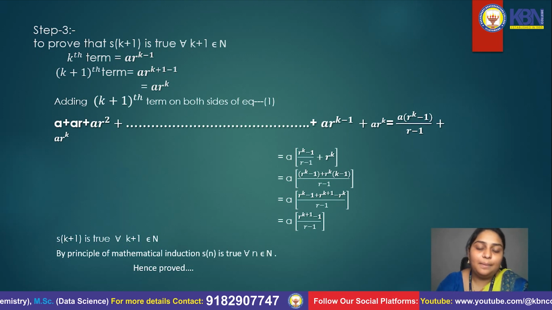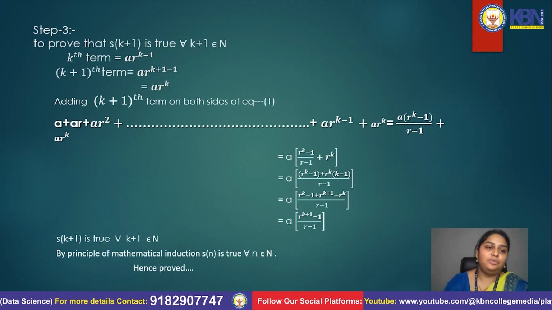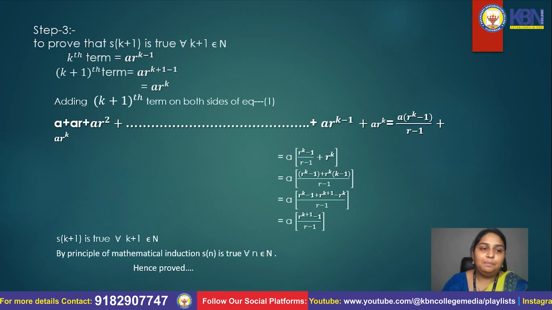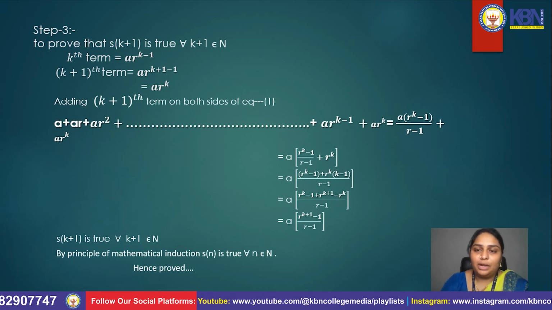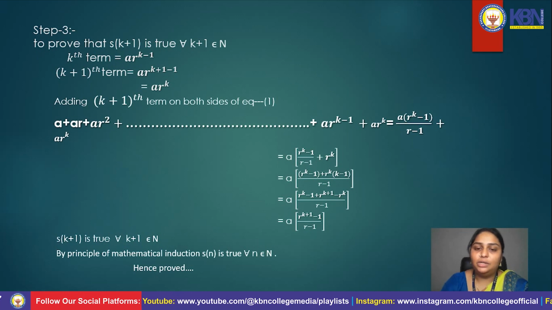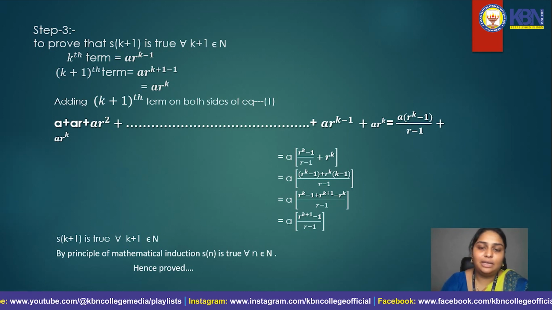Now we compare this equation with the given S of n. The given S of n is a plus a r square plus and so on, a r power n minus 1, equal to a into r power n minus 1 by r minus 1. Here, in place of n, we have k plus 1. Therefore, the given condition is true for k plus 1 belongs to N. That is, S of k plus 1 is true.